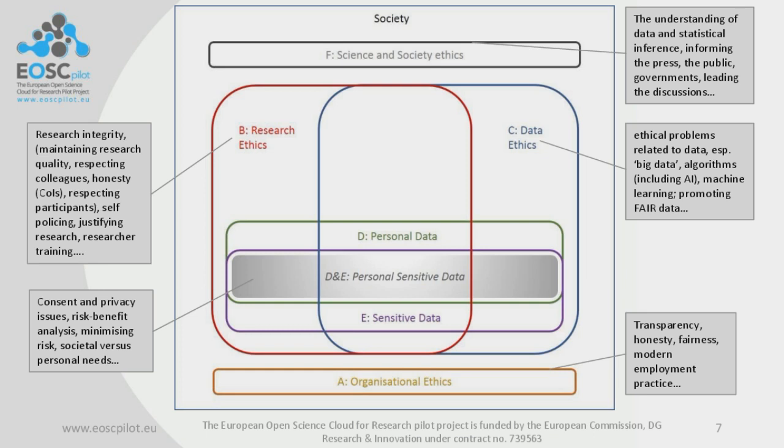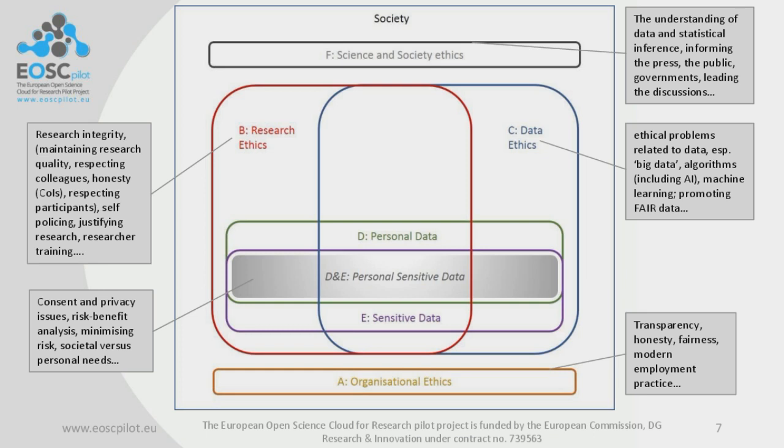In addition, there is a set of ethical issues identified as organizational, on the bottom of the slide, related to the governance of EOSC, the federation of organizations, and the practice in EOSC, and other issues related more to science and society, and referring to the ways in which science and society can influence each other.